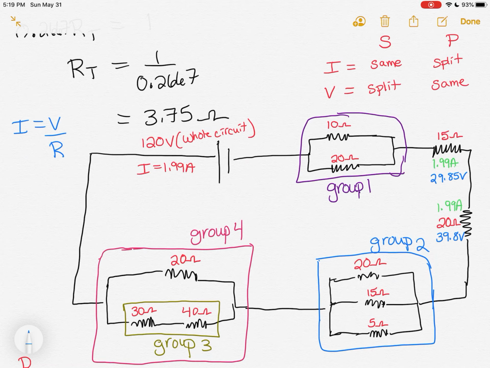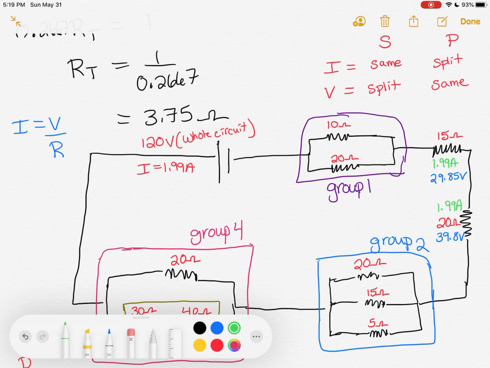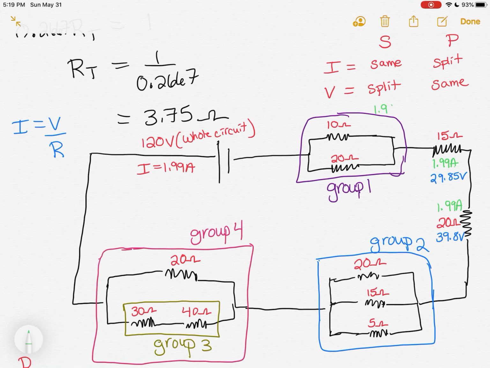All right. Now, the other thing that we know is that through group 1, we're going to have a current of 1.99 amps. But that is not the current going through each of the resistors. That's the current going through the total of group 1. Okay? The same thing is going to be true for group 2.